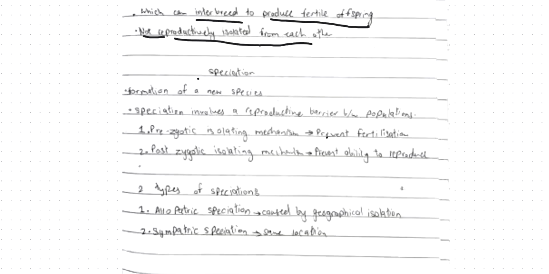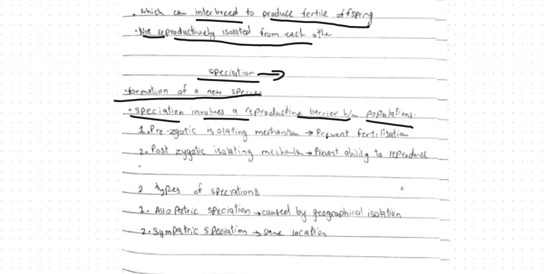Speciation is the formation of new species. Speciation involves a reproductive barrier between populations, because the populations cannot interbreed. This causes speciation.